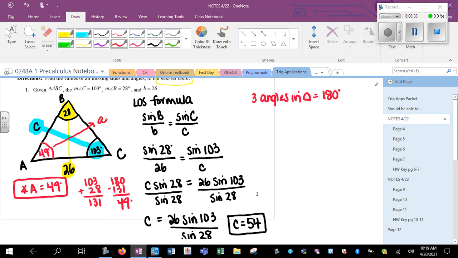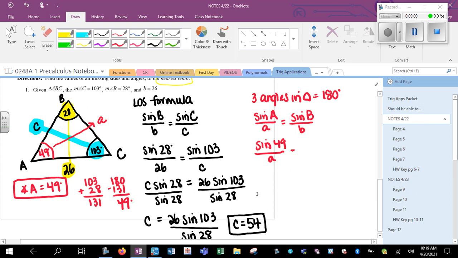My suggestion is use the given, which is side B, angle B, because there's no rounding error there. So I'm going to do the sine of angle A over side A equals the sine of angle B over side B. I keep writing the formula so that you realize how it's used, and it's going to help you remember it the more you write it. But eventually, we're just going to plug right in.